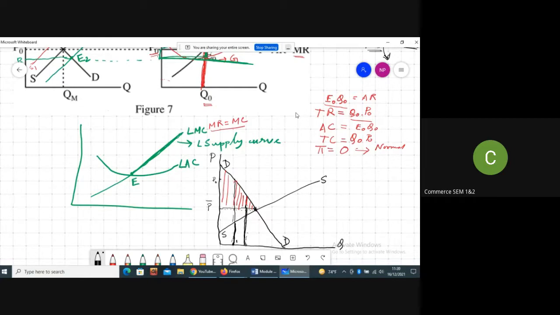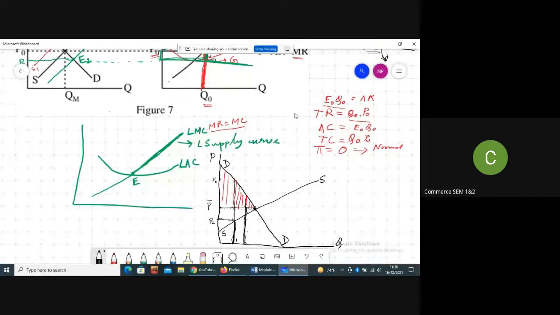If the producer gets this price at minimum, they will be happy to sell the commodity. But at what price is the producer actually selling? They are not selling at this price, P2. They are selling at the market price. So this is the price the producer is actually getting, this vertical distance.